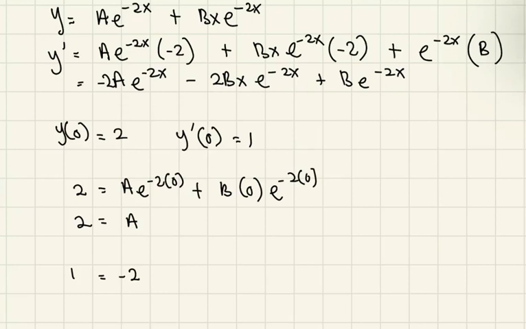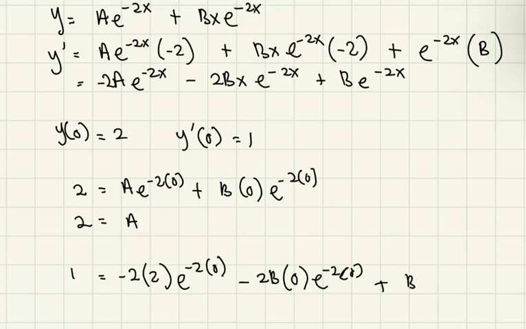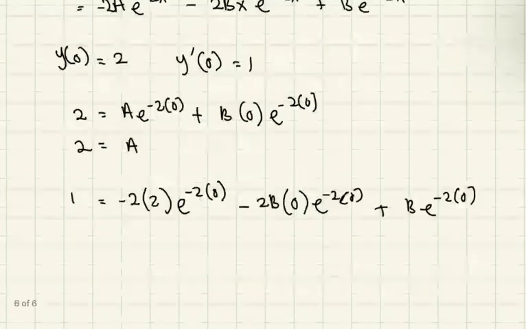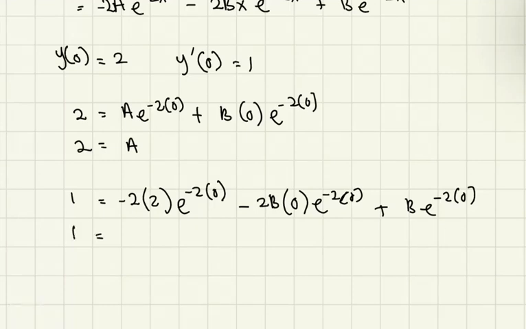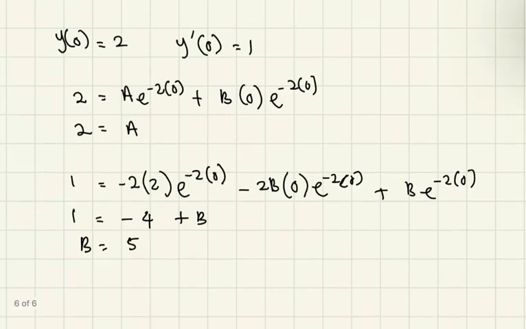A is 2, so minus 2 times 2, exponent minus 2 times 0, minus 2b times 0, exponent minus 2 times 0, plus b exponent minus 2 times 0. So 1 equals minus 4 plus b. So b equal to 1 plus 4. So we have a equal to 2, b equal to 5.